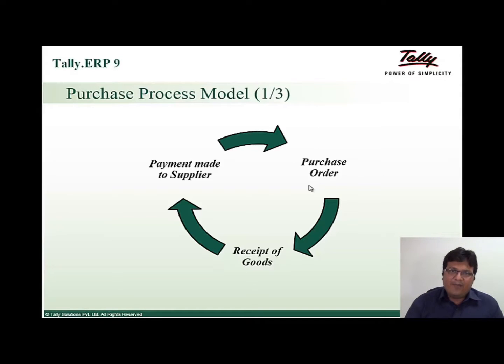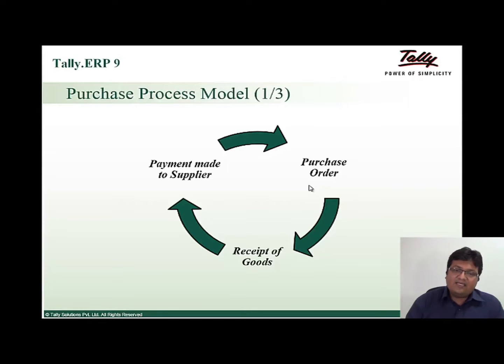Now when you map it with the business, what does the business do? It calls up its supplier, places an order, then the supplier supplies those material to us, and for the material that we have received, against that we make the payment.